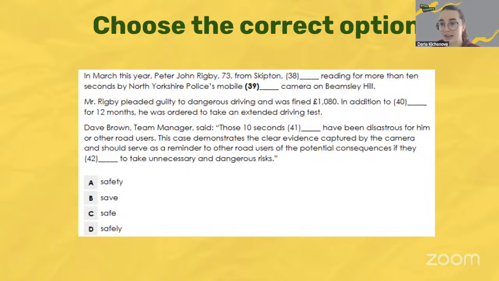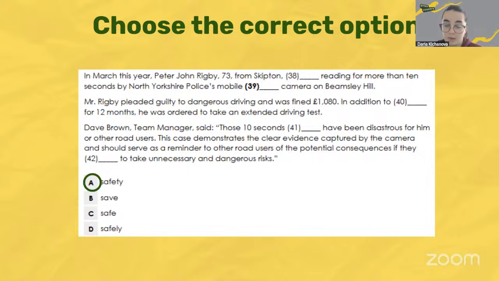But you need to make it that it will be used for safety of some, I don't know, car or etc. So there, we need to choose safety. Safety camera. So it is a camera for safety of something. I can see your variants.